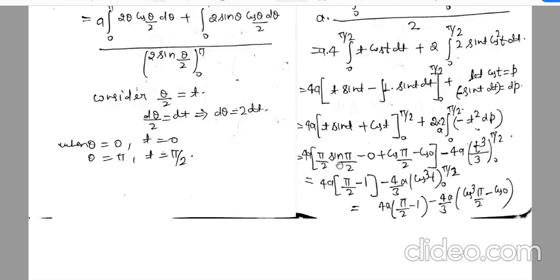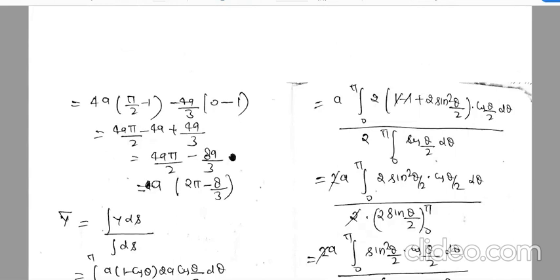So 4a pi by 2 sin pi by 2 is 1, cos pi by 2 is 0, minus cos 0 is minus 1, minus 4a upon 3 cos cube t, since p is given as cos t. So it will be cos cube t from 0 to pi by 2, and you are getting 4a pi by 2 minus 1, minus 4a upon 3 times cos cube pi by 2 minus cos 0. Just solve this, and we have 4a pi by 2 minus 1, minus 4a upon 3 times 0 minus 1.